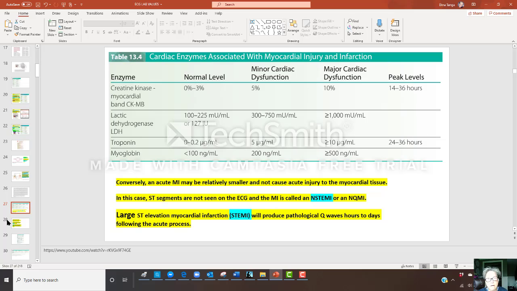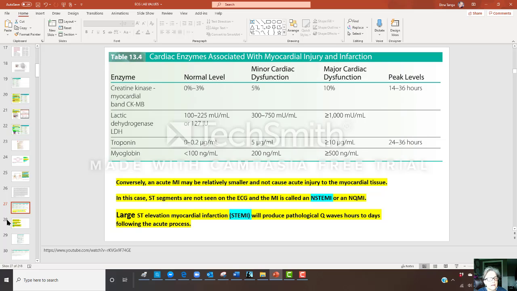So for a minor cardiac dysfunction, it would be 5%, and for a major cardiac dysfunction, it would be 10%. Normal level is 0 to 3%, and peak levels 14 to 36 hours. So over 12 hours and up to, what is that, a day and a half? Yeah, day and a half.